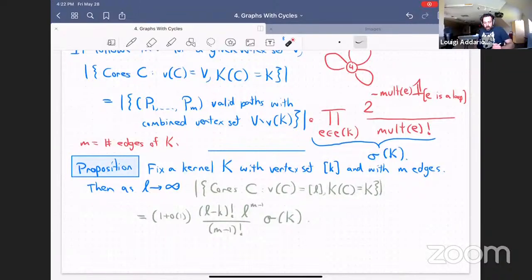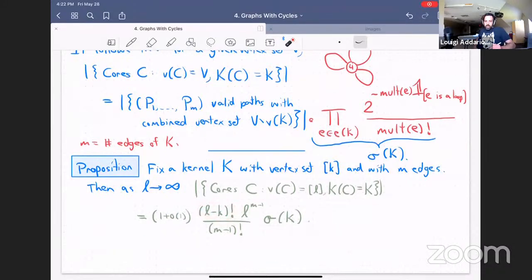So let's just think about what this term here means. This looks like we're ordering a set of size L minus k.